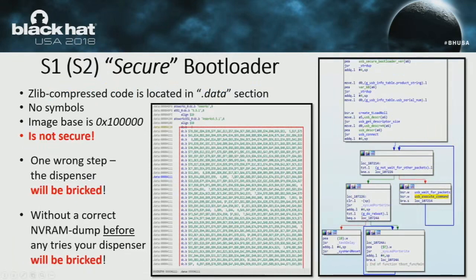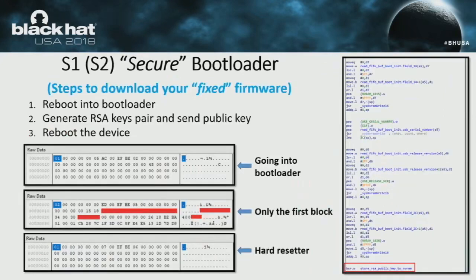This part of the research was the most difficult. We reprogrammed the NVRAM chip a lot of times. I still decided to make the firmware download research. You must understand that without an NVRAM backup, you have many chances to break your device.